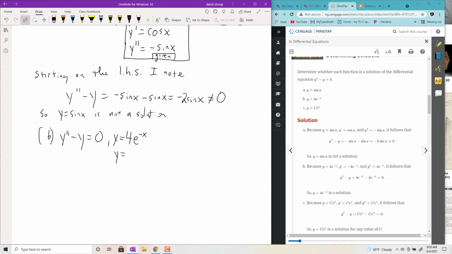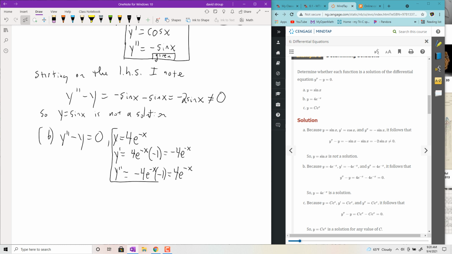The derivative of 4e to the negative x is 4e to the negative x times the derivative of the exponent, which is negative 1. Let's rewrite that: negative 4e to the negative x. That was y prime. Y double prime is then negative 4e to the negative x times, again, negative 1, the chain rule. That's positive 4e to the negative x.